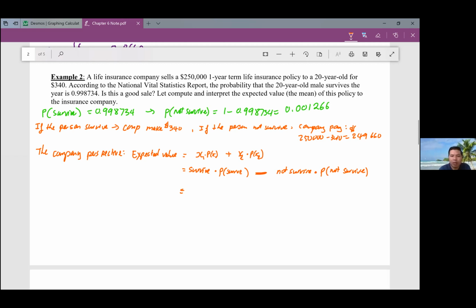So we get 340 times 0.998734, and then minus 249,660 times 0.001266.